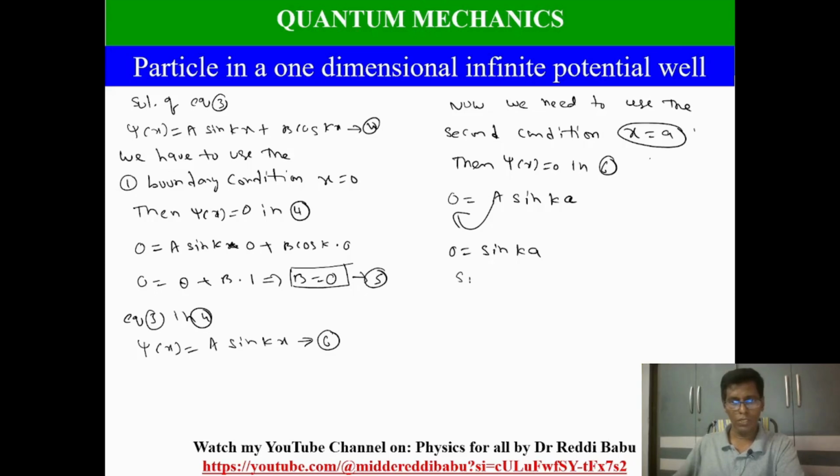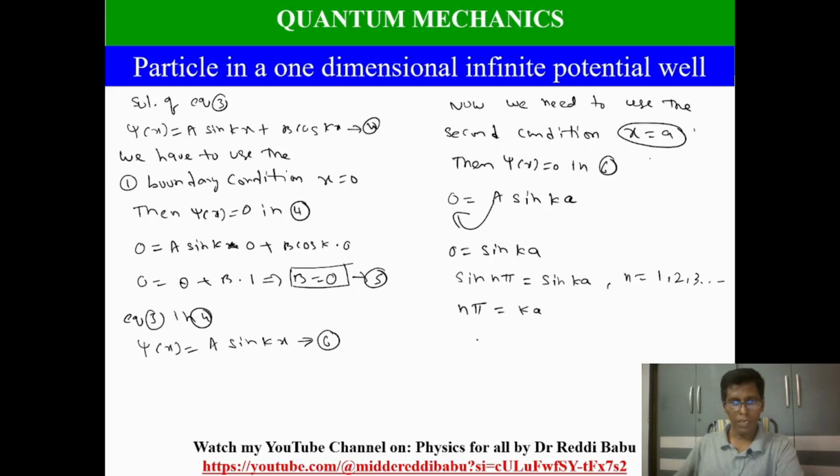So in place of 0, I am writing sin n pi is equal to sin ka, where n is equal to 1, 2, 3 and so on. Now remove the sine function on both sides. What I will get? n pi is equal to ka.